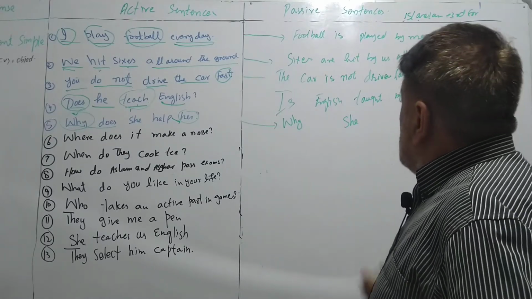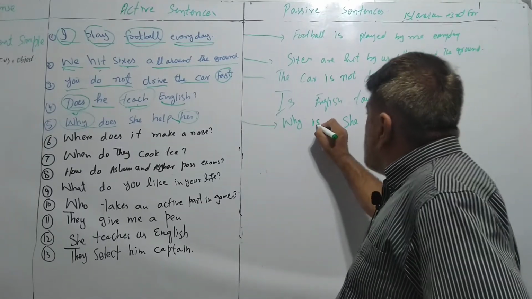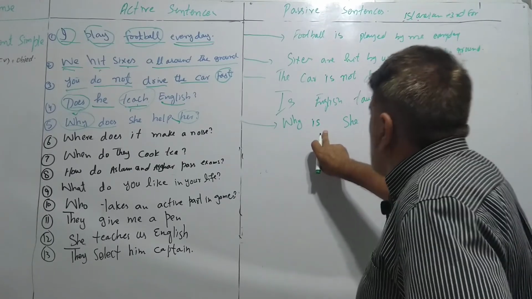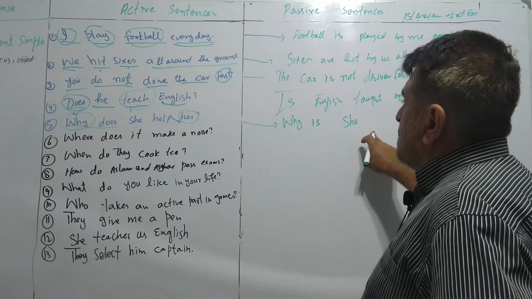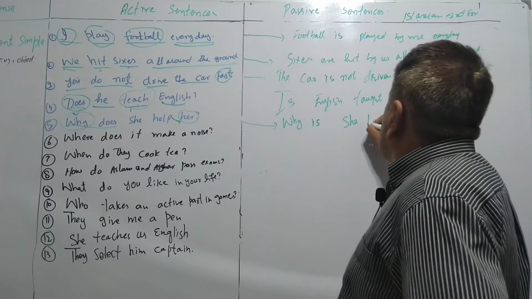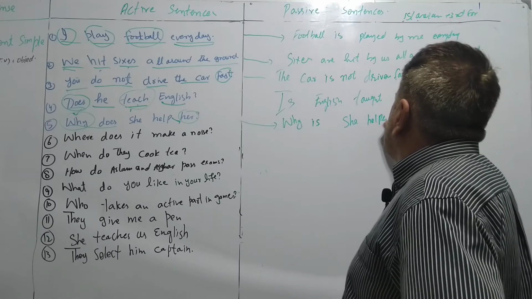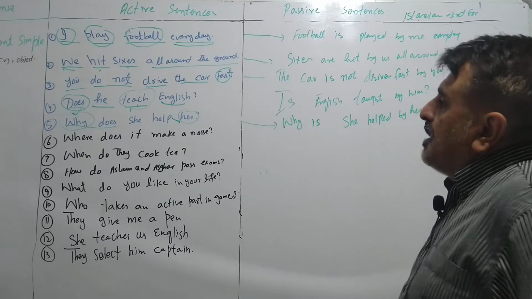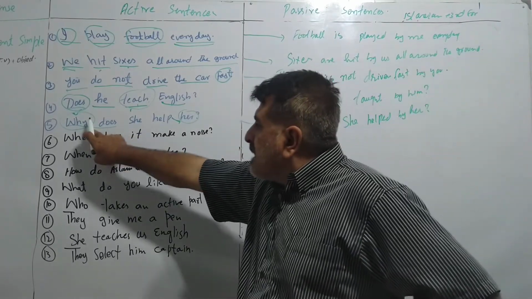I need one helping verb here. After the WH word and before the subject, I need a helping verb. Why is she helped? Why is she helped by her? I have written why the same.